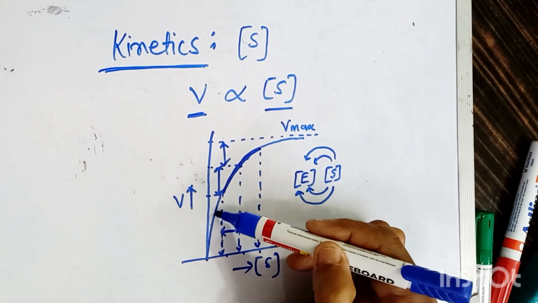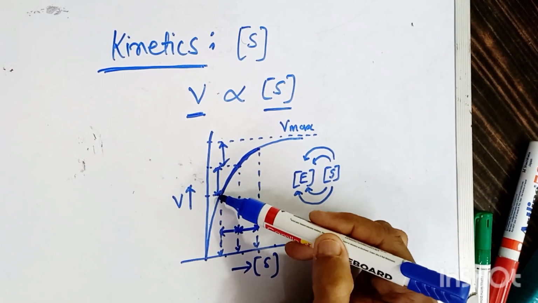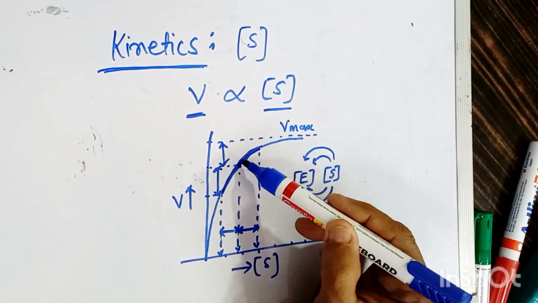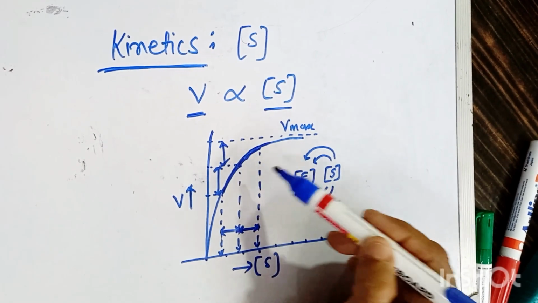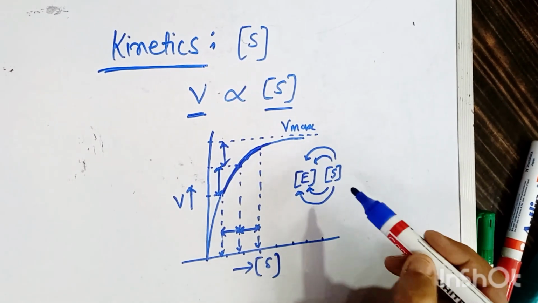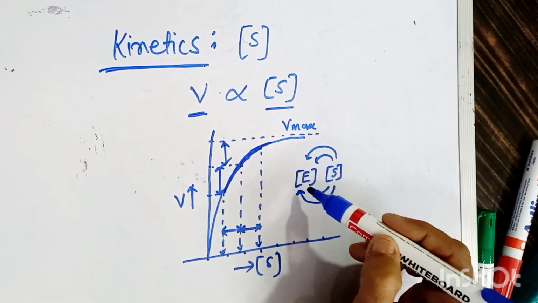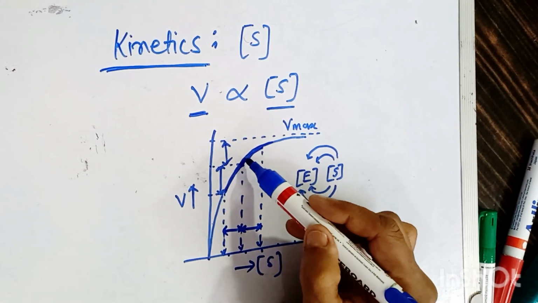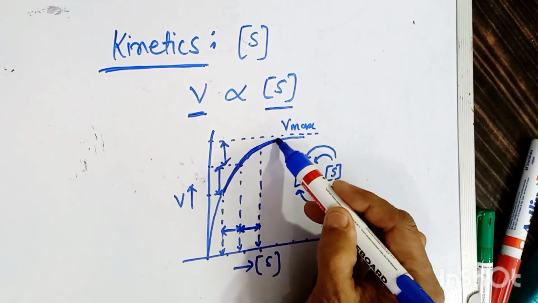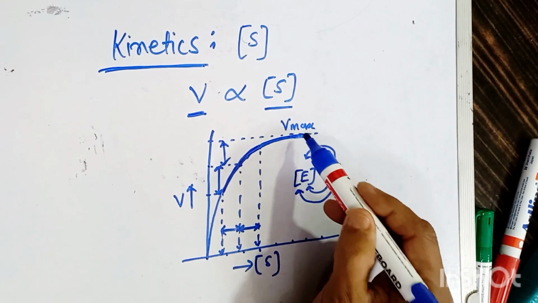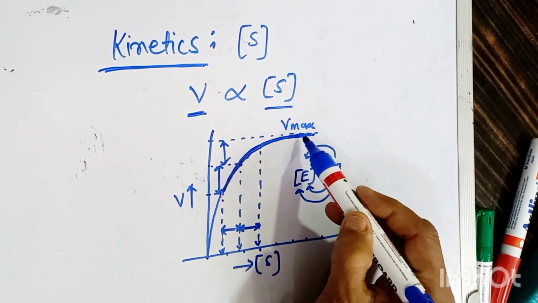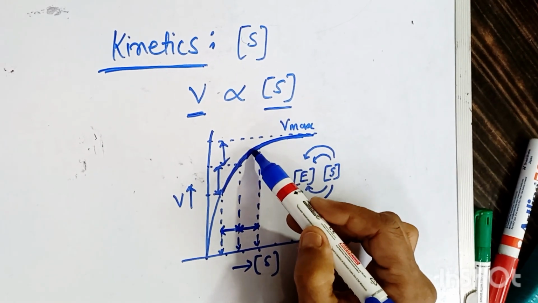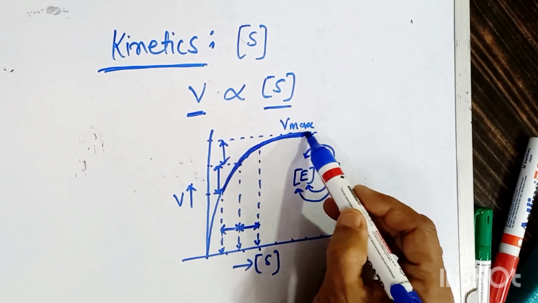The velocity increase is much steeper here, but the change now follows a much gentler gradient here, because the substrates now saturate the enzyme, and at a certain point the saturation is such that the velocity of the enzymatic reaction stops increasing, and it gets to a steady state value.